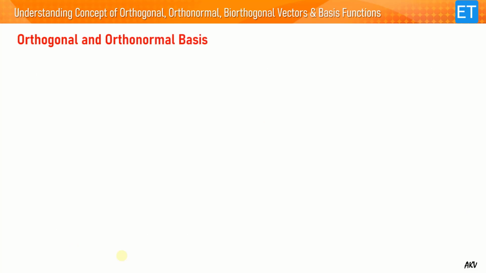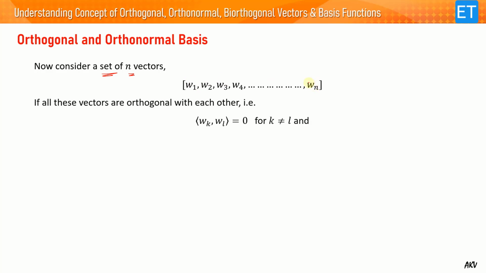Now let's see orthogonal and orthonormal basis functions. What are those? We have just seen what is orthogonality. Now consider a set of n vectors like w1, w2, w3 and wn. These all vectors are orthogonal with each other.